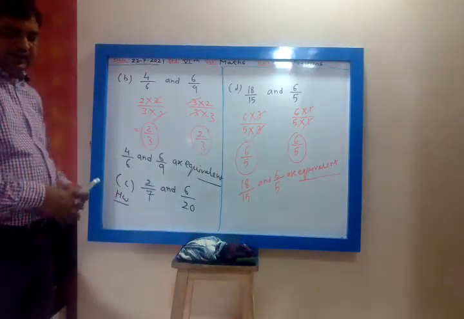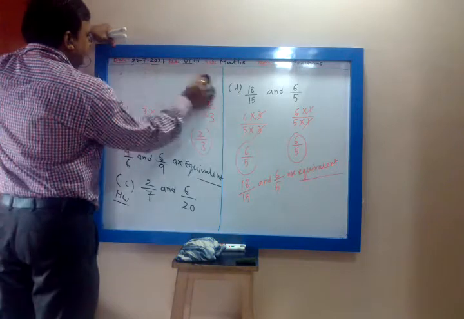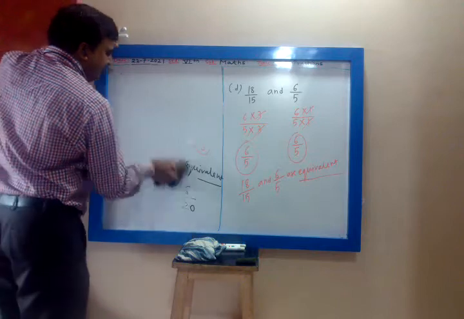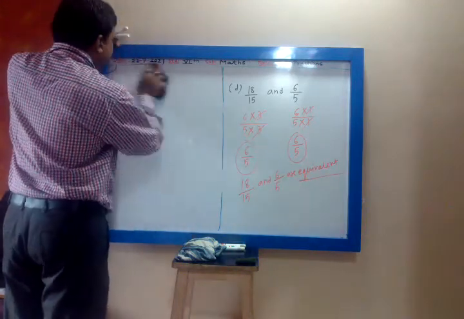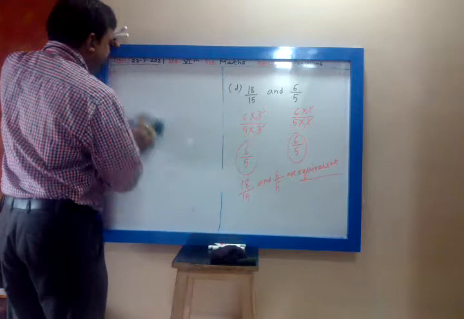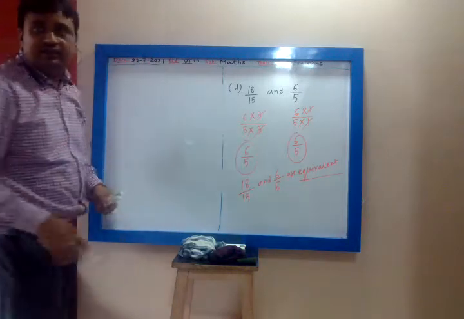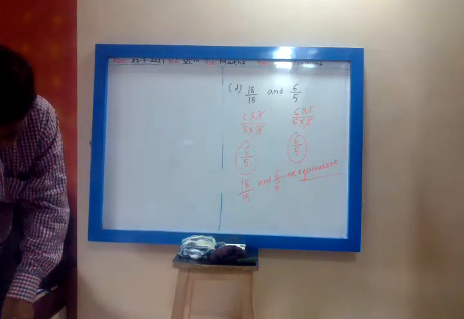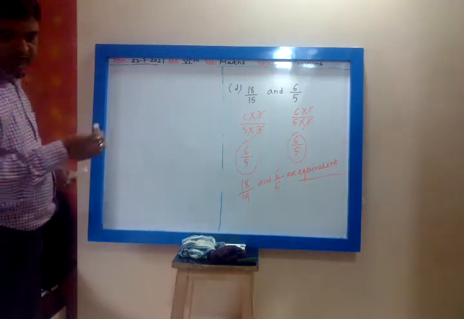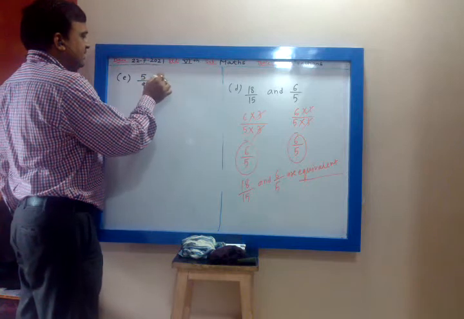Now next is 5 by 9 and 8 by 13. E part, 5 by 9 and 8 by 13.